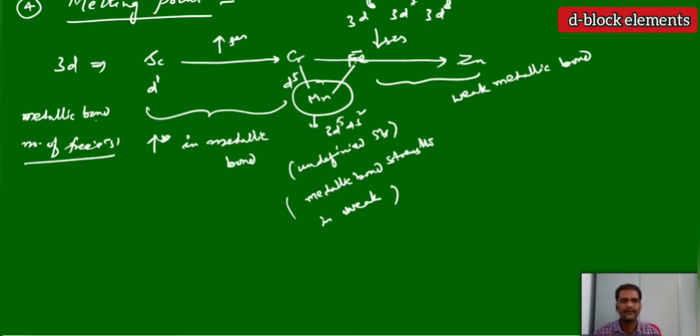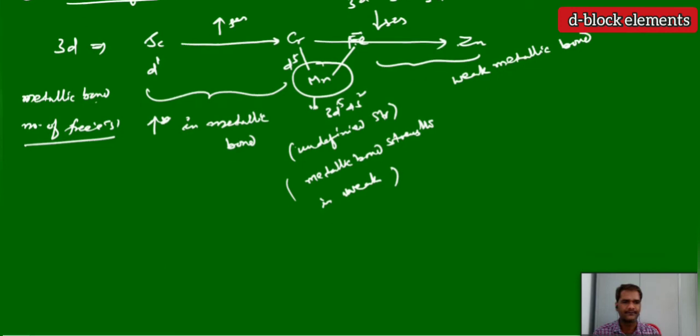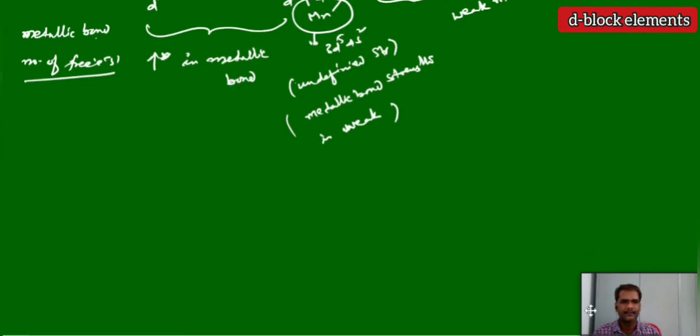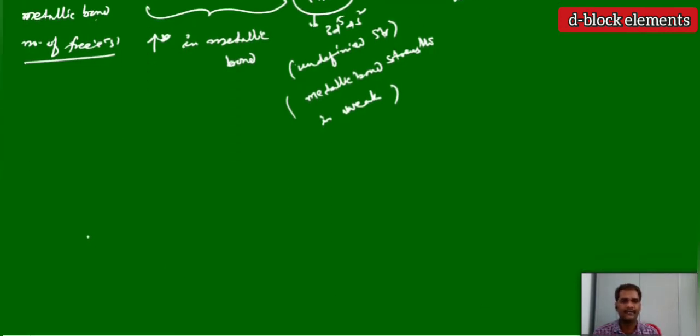So very important: from scandium to chromium, always the middle row elements have higher melting points, and then after that it decreases. The same trend you can observe in the case of 4d and 5d series elements also. In the 4d series, from yttrium to almost molybdenum it will increase, and again from molybdenum to cadmium it will decrease.